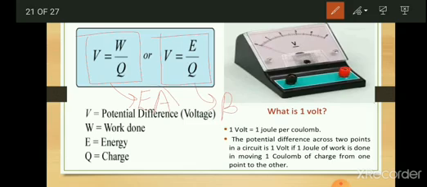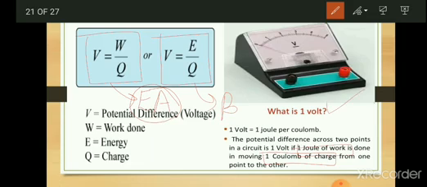With respect to electric appliances, when 1 joule of work is done by the electric appliances when 1 coulomb of charge flows from one point to another point. Means in the time when electrons or charges flow from one place to another place, at that time if the electric appliance did 1 joule of work, then it is called 1 volt.